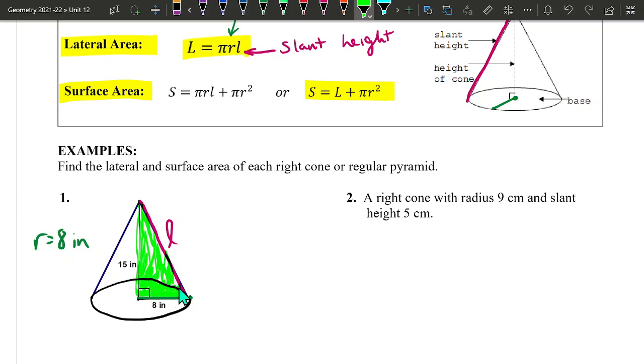And what is that one thing we keep doing all year long with right triangles? The Pythagorean theorem. Yes, Pythagorean theorem. A squared plus B squared is C squared. So 15 squared plus 8 squared equals L squared.